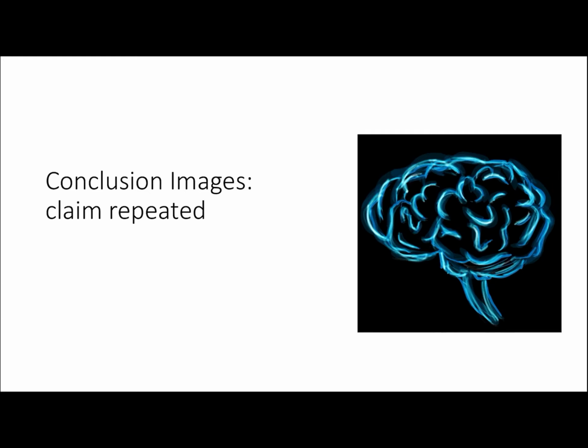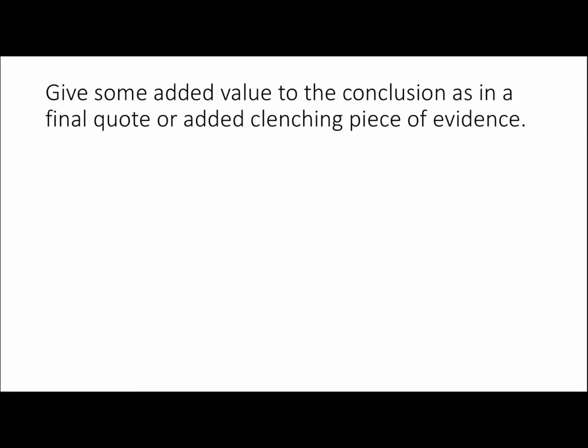Conclusion, and here's where you repeat your claim and add a little more to it. Remember, I always like for you to add value. So another slide, another piece of clinching evidence, surprising or interesting to end your paper.